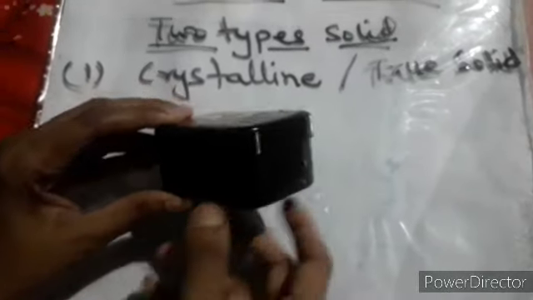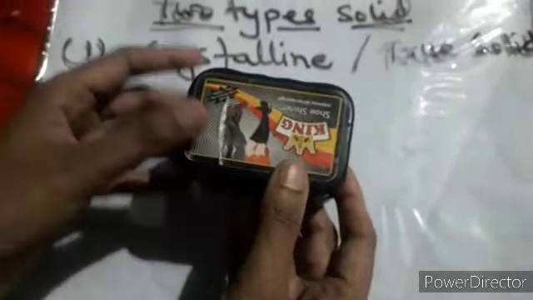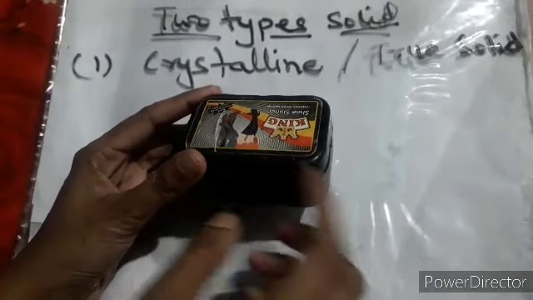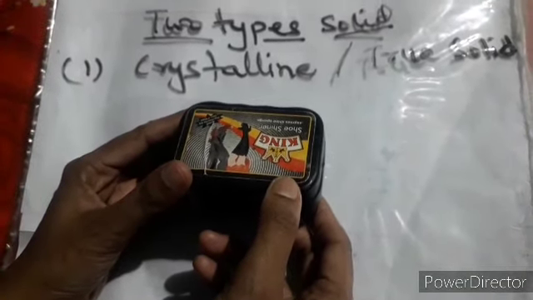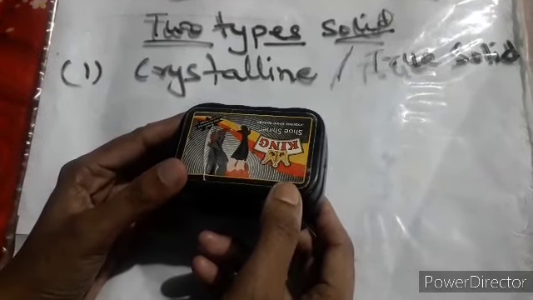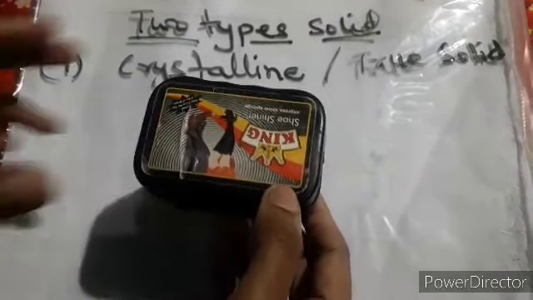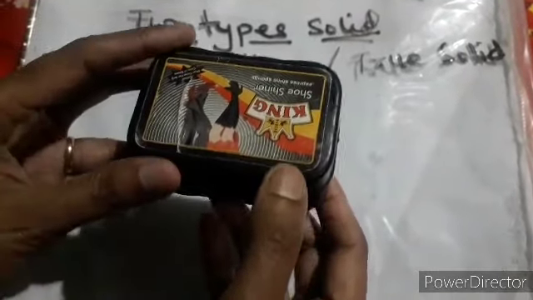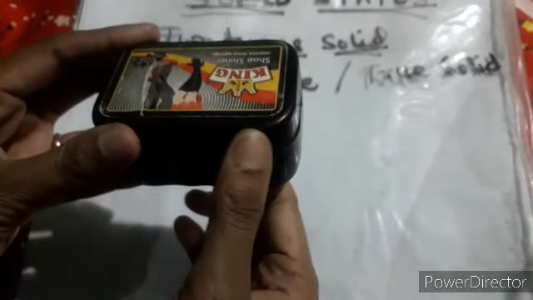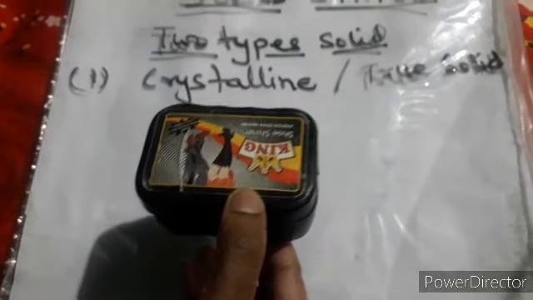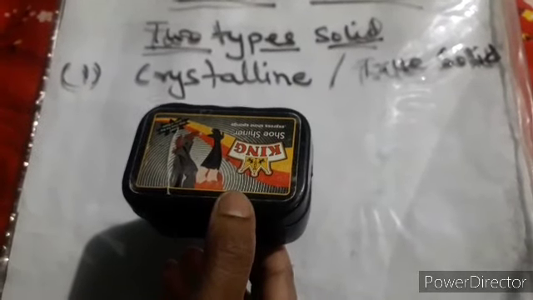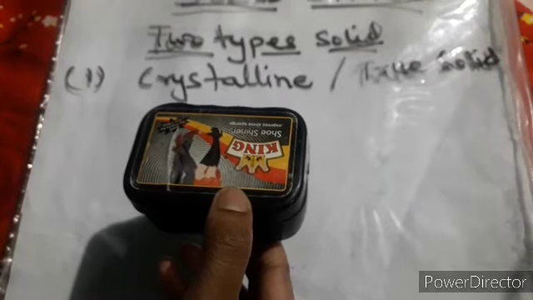So class, I am starting with this object. I don't have a proper object, so assume it as an object, and just see why we say it has a definite configuration. If you see, this particular object has a proper length, breadth and height. Every crystalline solid has these proper edges and proper lengths.